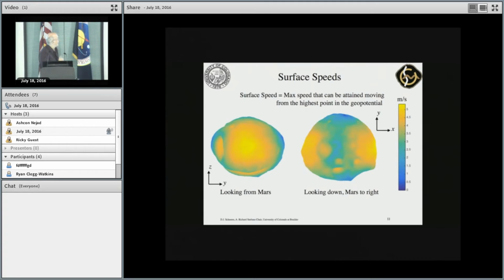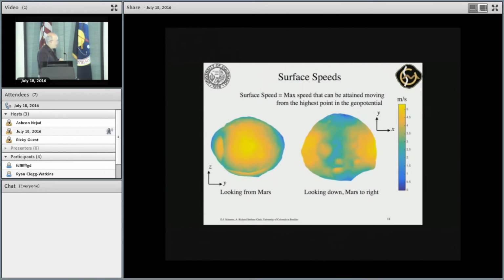This is an energetic way of thinking about how much energy you might gain as you jump from one point to another across Phobos. Another way of thinking of it is if you stood at this highest point and you jumped in the right way, you could land here at speeds up to 5 meters per second.